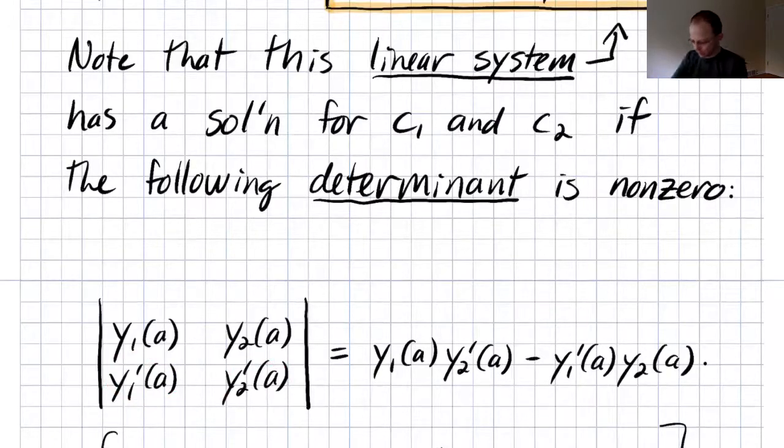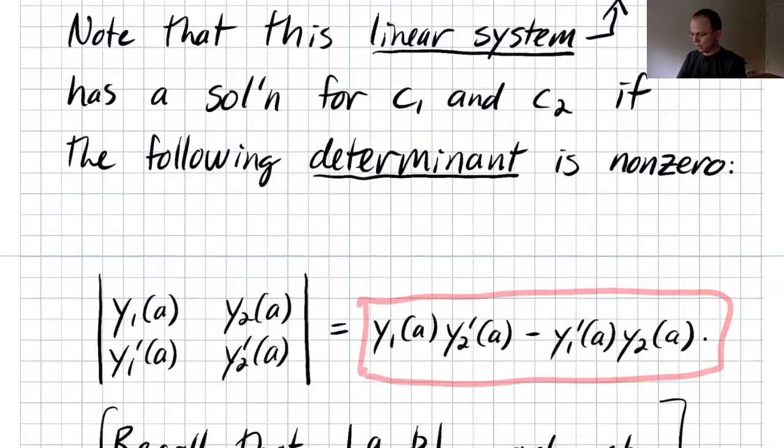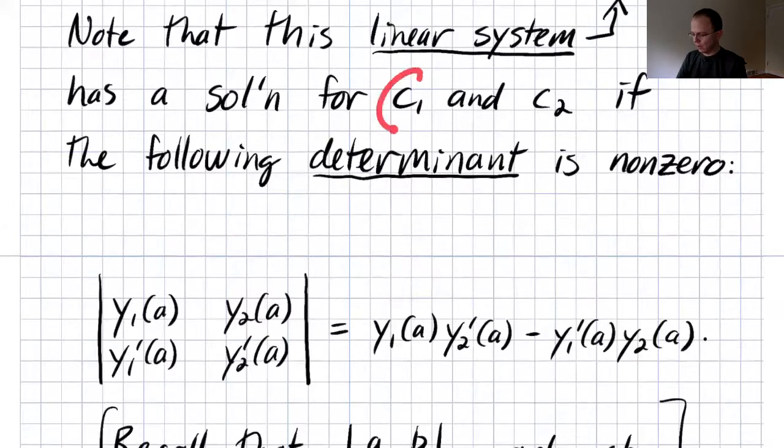So what is that? We multiply this times this, and then we subtract this times this, and that gives us y1 of a times y2 prime of a minus y1 prime of a times y2 of a. That's all we need to do to determine if there is a guaranteed solution for C1 and C2 given the initial conditions.